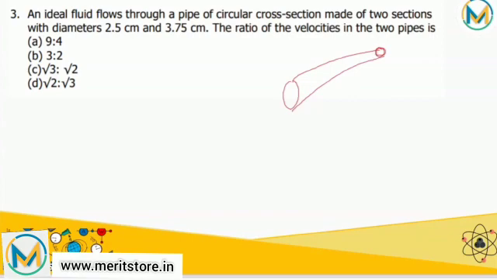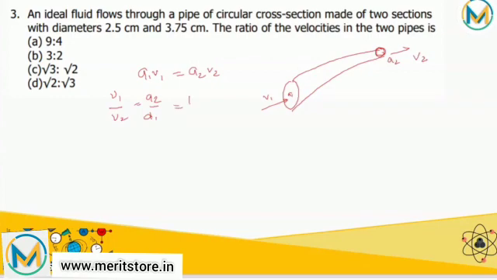Now we have a formula A1 V1 equals A2 V2. Suppose this is the area A1 and the velocity here is V1, and suppose this area is A2 and the velocity here is V2. So we have this formula according to the equation of continuity. We know that V1 upon V2 equals A2 upon A1.